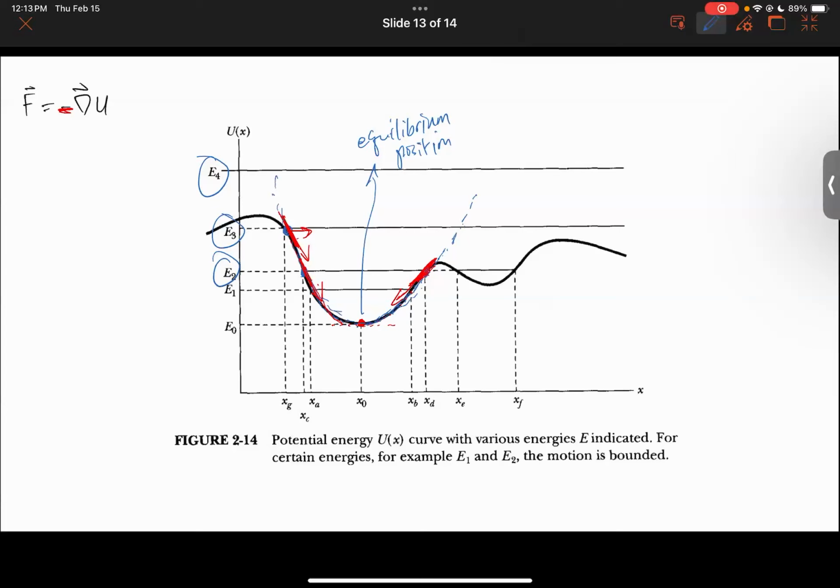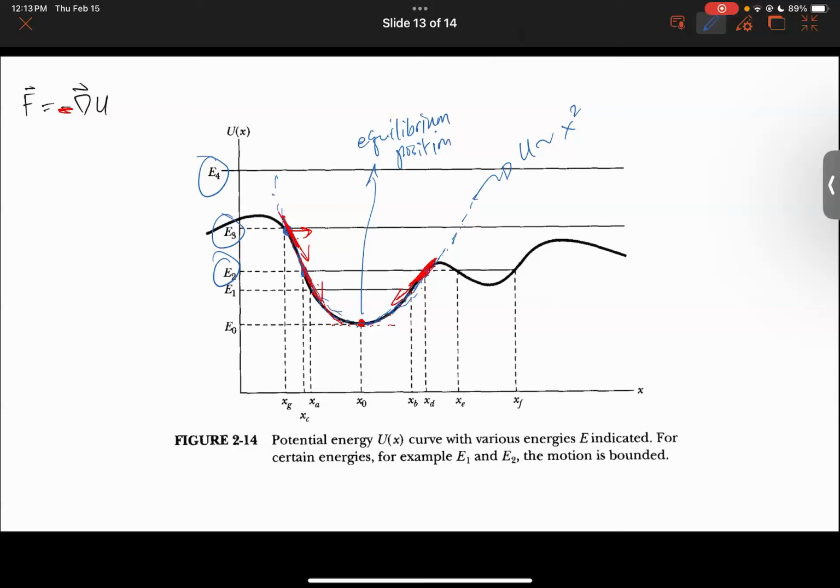Mukha naman siyang parabola, so that looks like it's proportional to x squared. So ang mangyayari dyan is, given a potential, ang tendency is to push the object towards the equilibrium position.